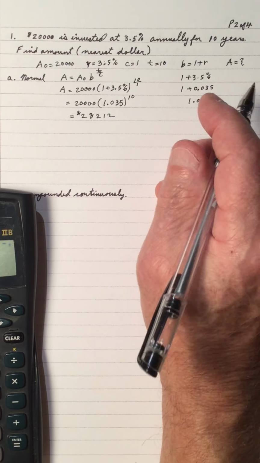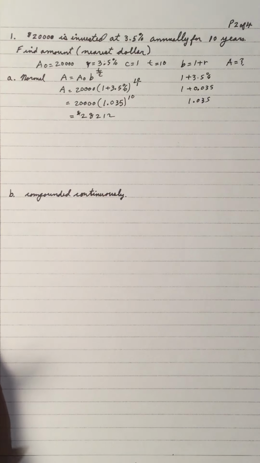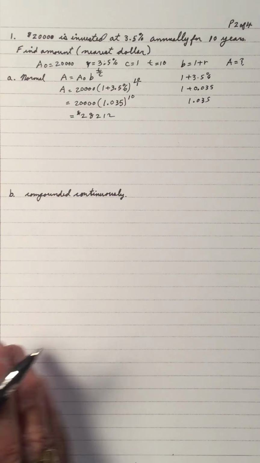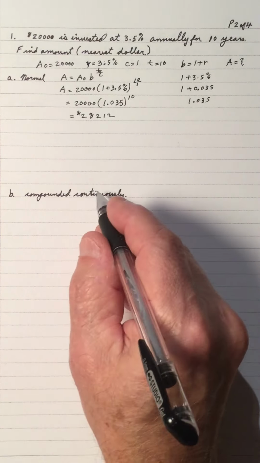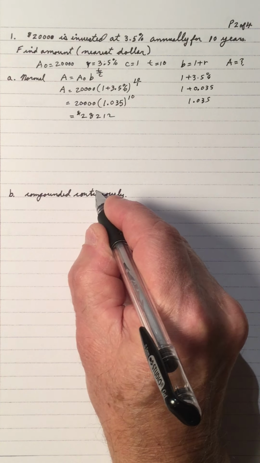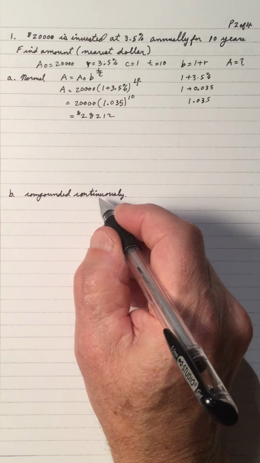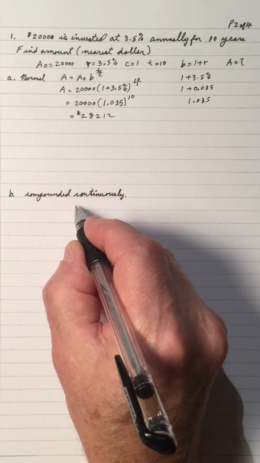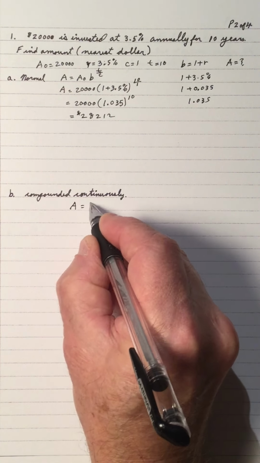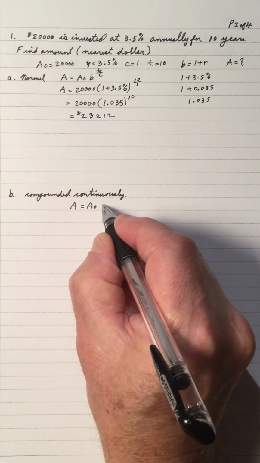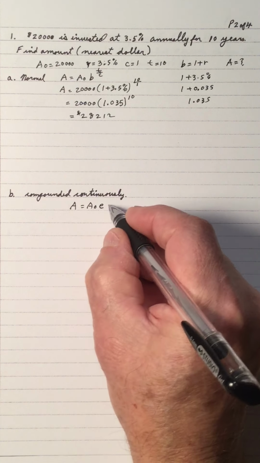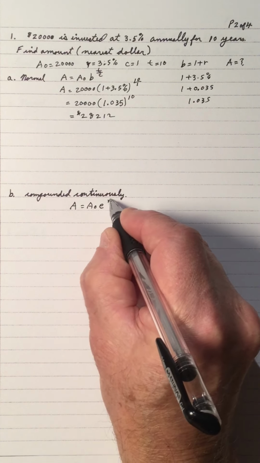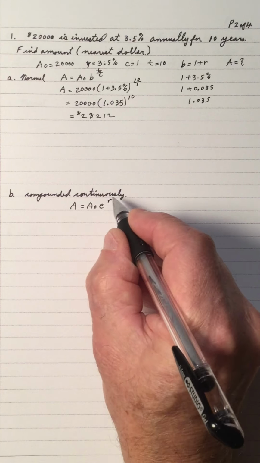So that's what we do in the unit in, say, grade 11 or 12. But we can also do it continuously, if you altered it into a unit. The equation for continuous growth is A0 times e to the rt, where r is the rate and t is time.